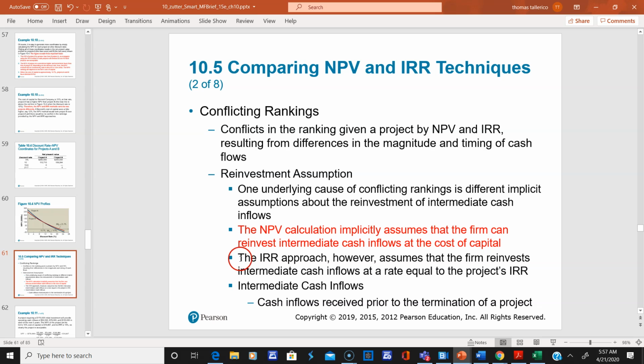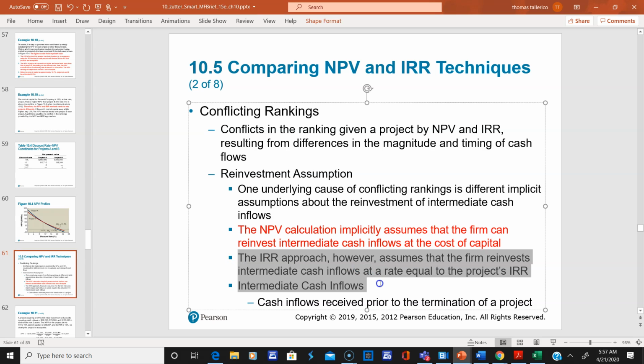However, the internal rate of return approach assumes that the firm reinvests at the project's internal rate of return. All right, so these are the conflicts that are coming up.